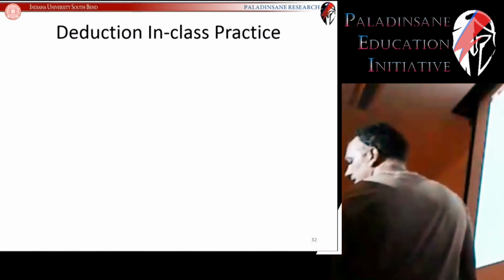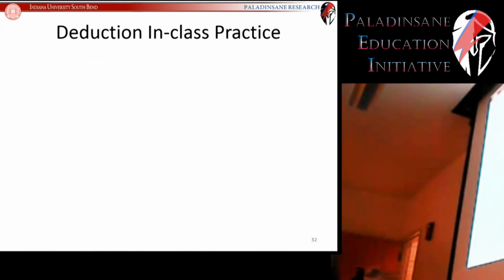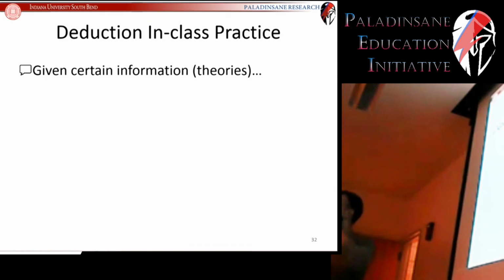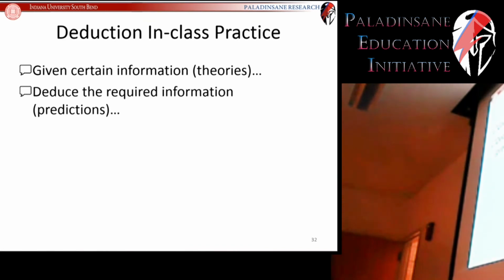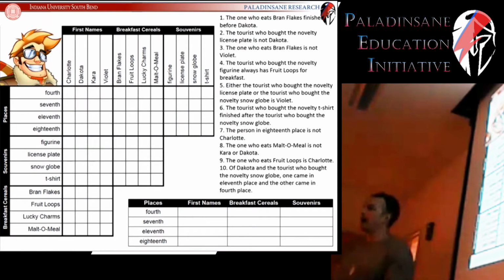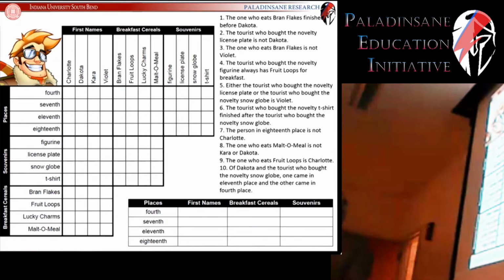In this practice, you're going to have certain pieces of information that you can consider to be your theories. You're going to be asked to deduce required information, that is the predictions. And the way we're going to practice this is with these logic puzzles.